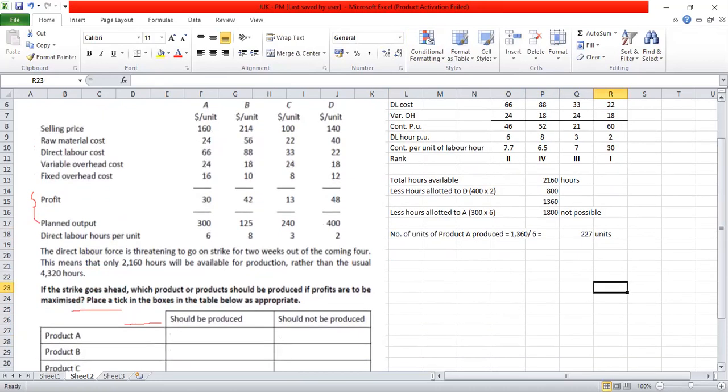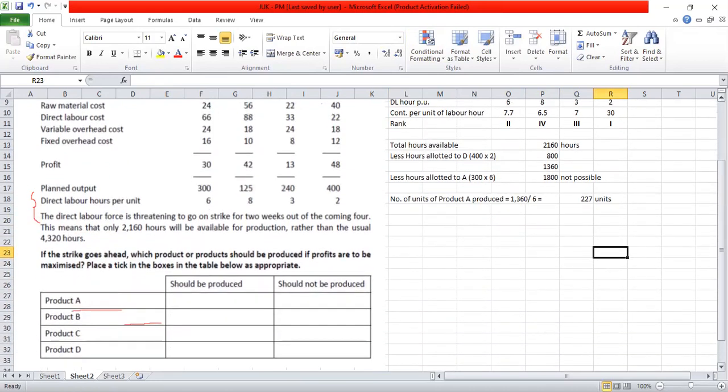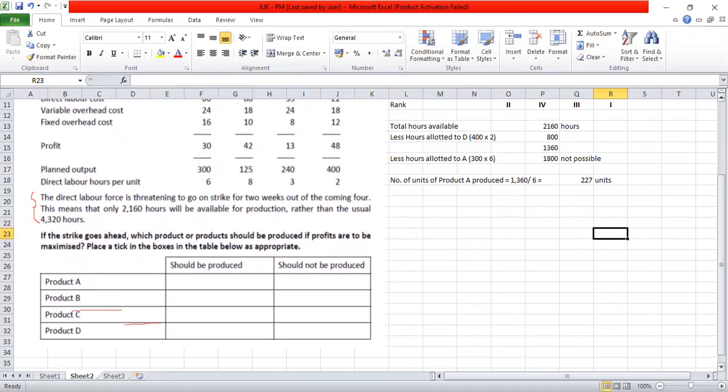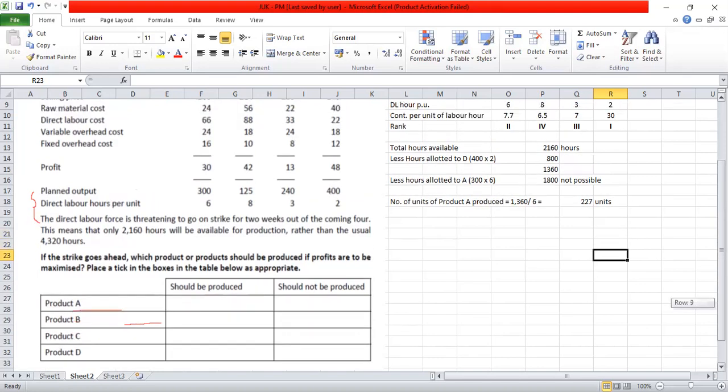The question is asking, if the strike goes ahead, which products should be produced if profits are to be maximized? Place a tick in the boxes in the table below as appropriate. So which two products would be produced? Even if it is partial also, A will be produced and D will be produced.